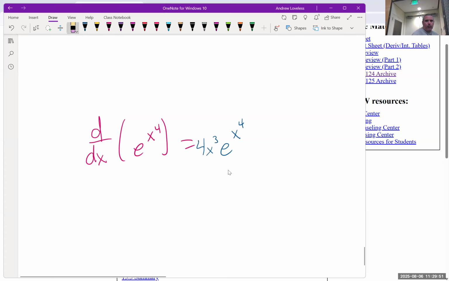Now what happens if I erase this and ask you to go in reverse? That's what we're doing when we're doing substitution. And we have to realize that two different things happened. We had an e change, and then this stuff that's happening here is just stuff that's on the inside.